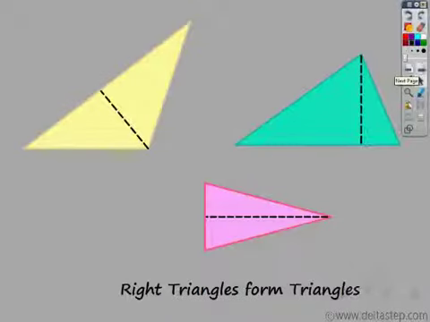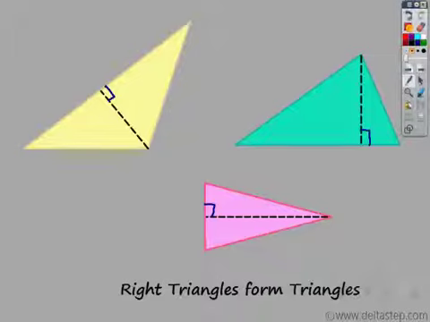If I draw a perpendicular from any vertex, say from this vertex, this vertex, and this vertex, then in a triangle, if you draw a perpendicular from any vertex, you get two right triangles.